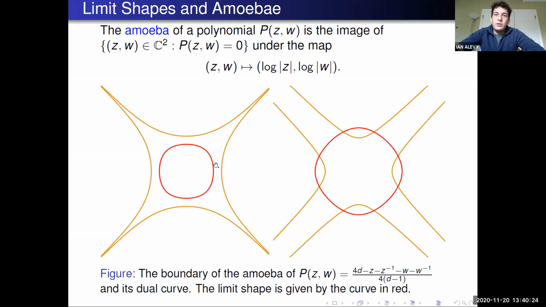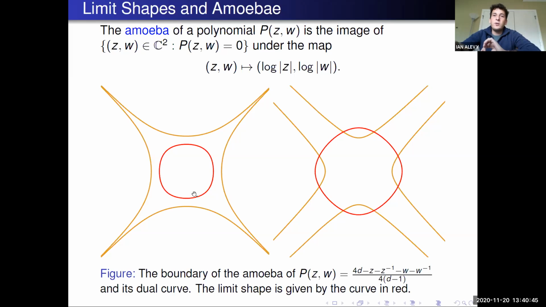So if you take the dual of this curve, the red curve here, and by dual, I mean for each point, you find its tangent line, and you think about that as a point lying in the projective dual space, you'll get a curve.